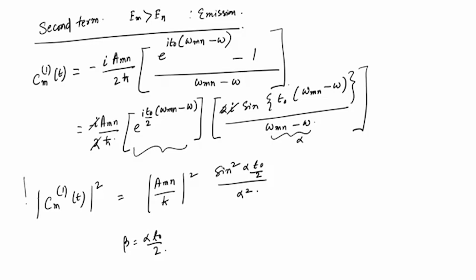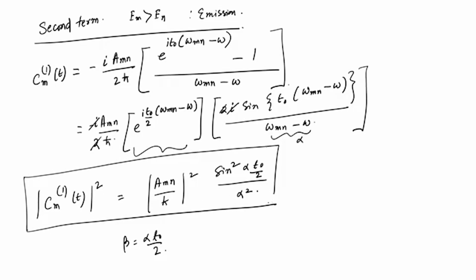So, we have a form which is the transition probability for emission, but we are just trying to simplify it so that we can interpret the result.